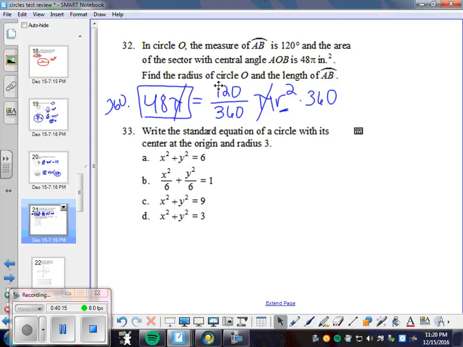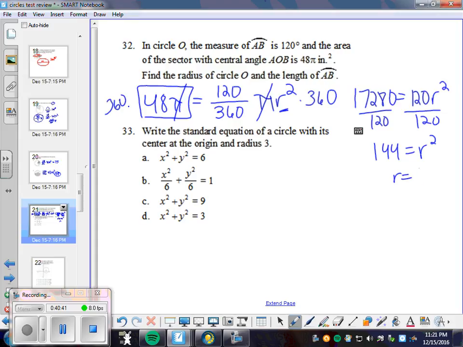So 48 times 360 is 17,280 equals 120r squared. So now divide by 120 on both sides. And you get a lovely 144. So R would be 12.